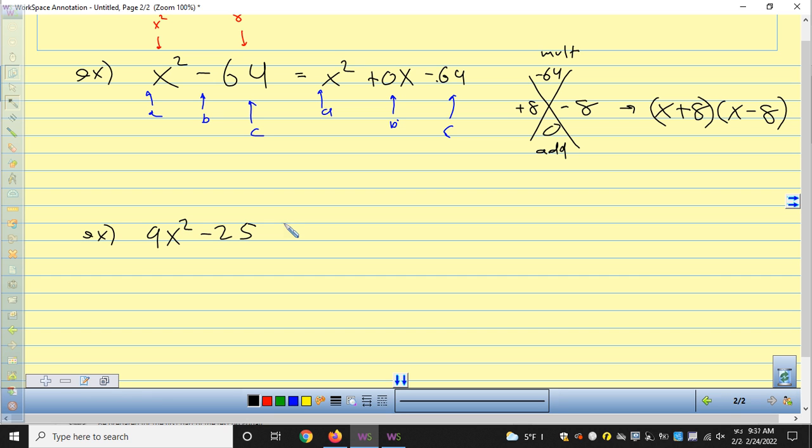No. So there's no GCF, so we don't have to worry about factoring that out. I'm going to say this is 9x squared plus 0x minus 25. And I'm going to realize that 9x squared is 3x squared and 25 is 5 squared.